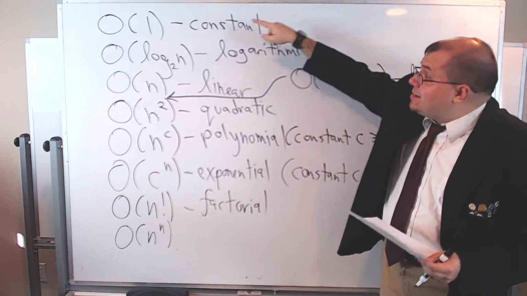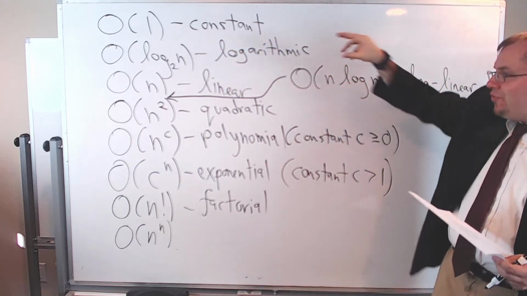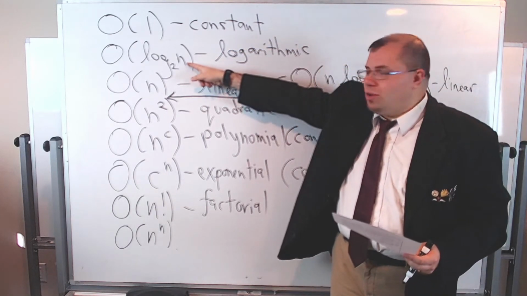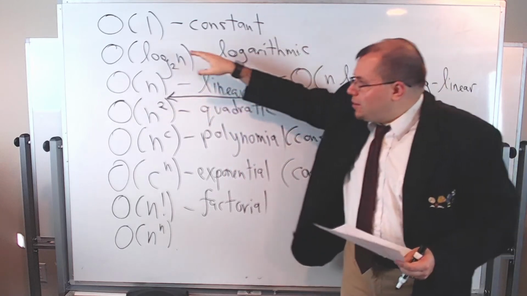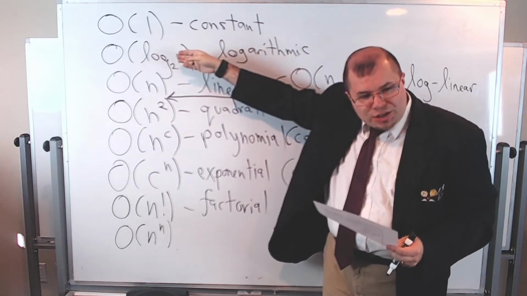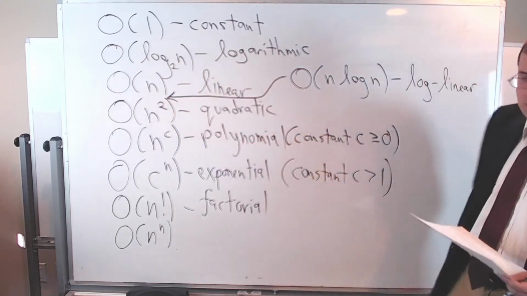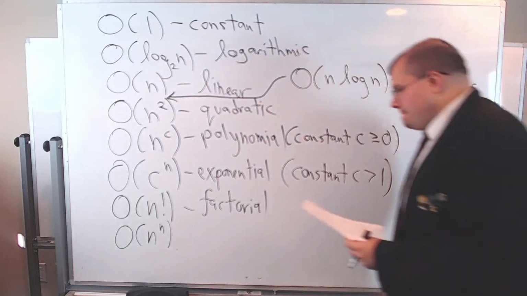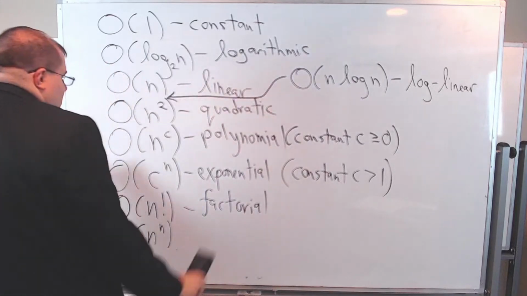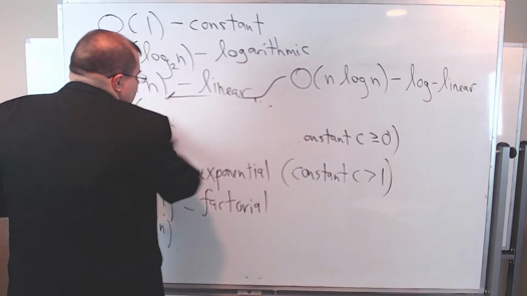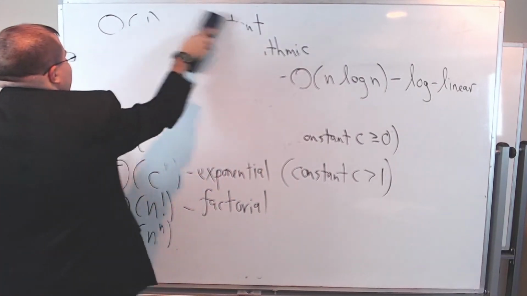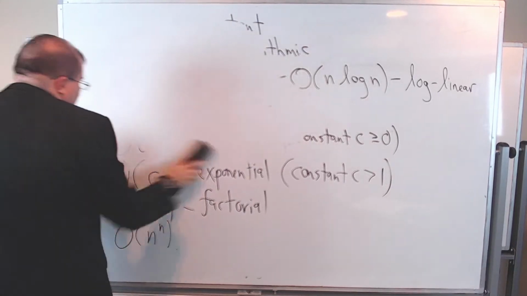Functions that exist in big O of 1 will exist in big O of log n. But both of these sets will have functions that all exist in the next set, and so on, and so on. Okay? So let's proceed. Just be aware of those relationships.